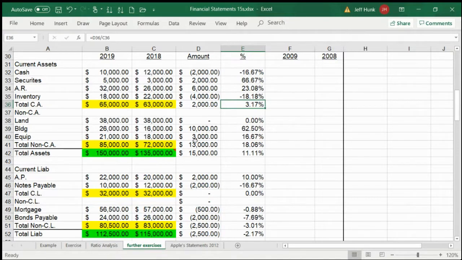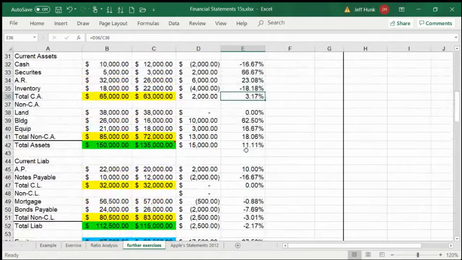Equipment, production equipment increased by 3,000 or 16.67%, also a good thing. So total non-current assets increased in total by 18.06%, and your total assets increased by 11.11%. So overall, right, positive signal. Why? Because total asset size increased by 11.11%.